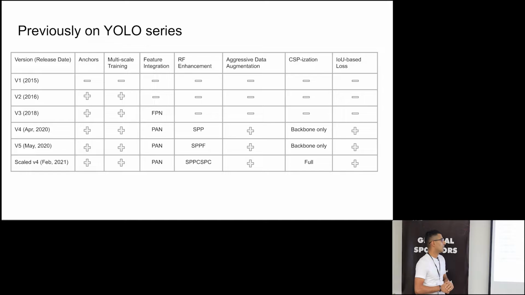For example, in the fifth version, they added a faster version of this spatial pyramid pooling. And then in scaled YOLOV4, they CSPized this block. And later I will explain what CSPization is.